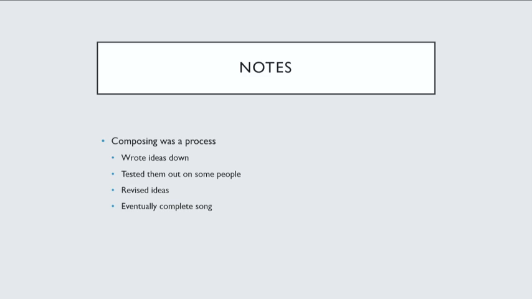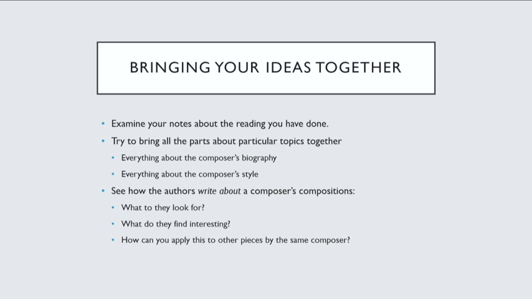Because community is very important in the African context. So composers also use community in the way that they compose their music. So those kind of things are what we're looking for when we are writing notes and when we are reading. That gives you just an idea of how to set these things out.